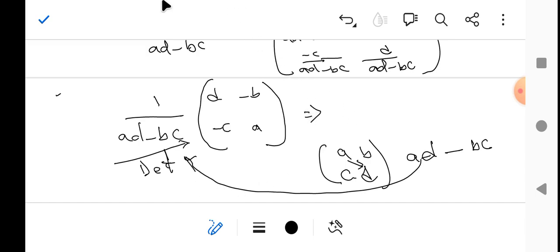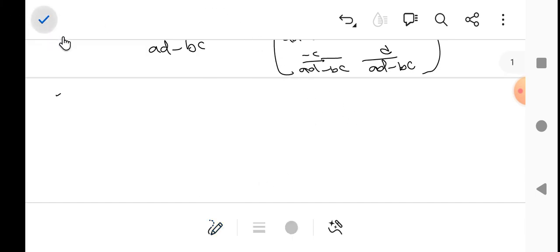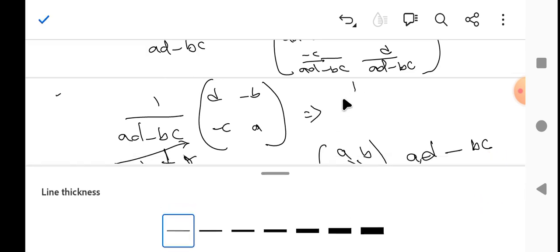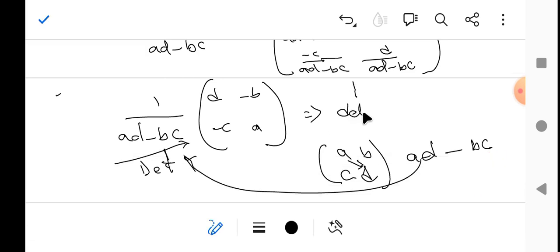So basically, the inverse of a matrix is this, right? The inverse of a matrix is just 1 all over the determinant of the matrix, multiplied by this matrix with the leading diagonal interchanged.